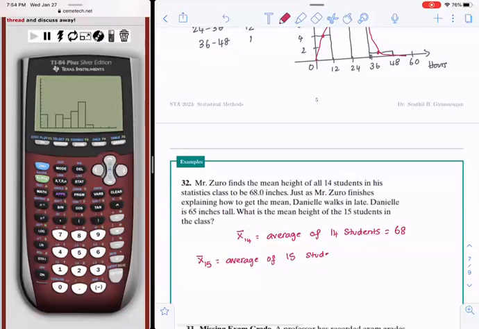The average of 15 students is simply the sum of the heights of each student all the way up to 14 students, and the 15th one is Daniel, divided by 15. Now, Mr. Zero found the average of 14 students. If I know the average, I can find the sum of the heights of those 14 students.